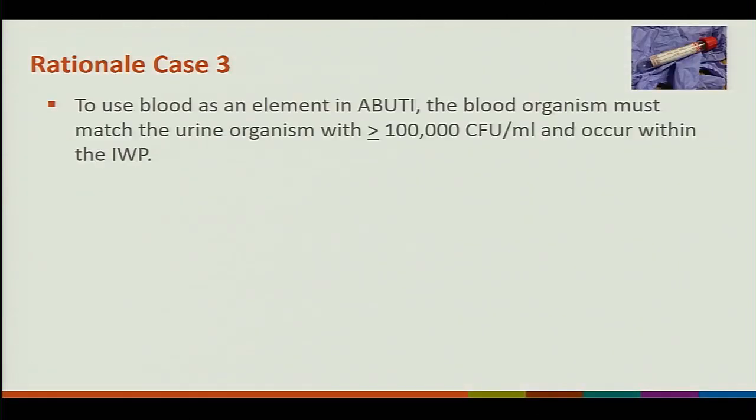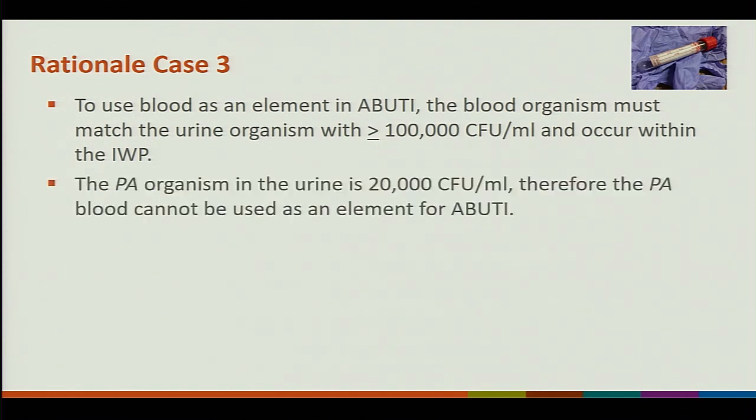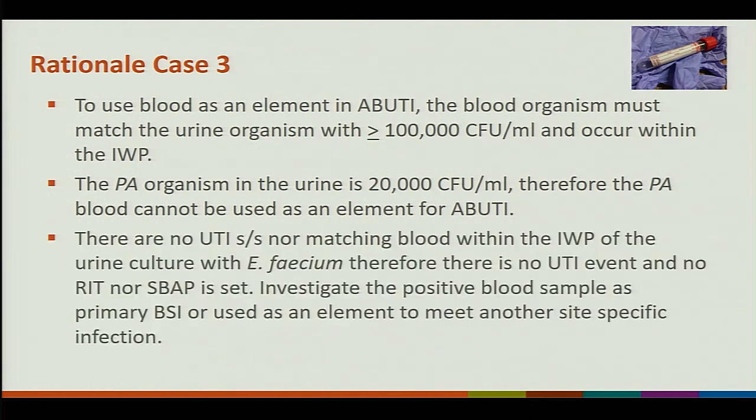So let's look at the rationale here. To use the blood as an element in the ABUTI, the blood organism must match the urine organism greater than 100,000 and occur within the IWP. That Pseudomonas organism was only 20,000. Therefore, the Pseudomonas in the blood cannot be used as an element for the ABUTI.